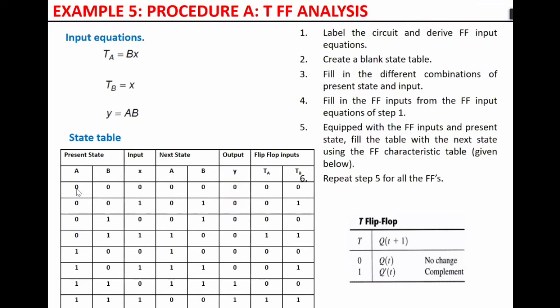If A is 0, the present A is 0, TA is 0. Are we together? What is at the next state? You come here. If it is 0, there is no change, so it will be 0. A is 0, TA is 0 here, still 0. A is 0, TA is 0 here, 0.